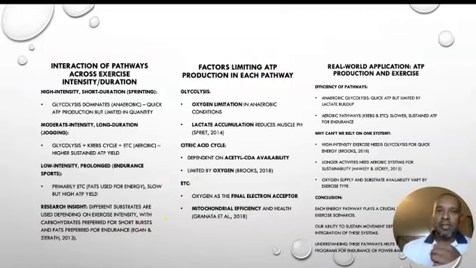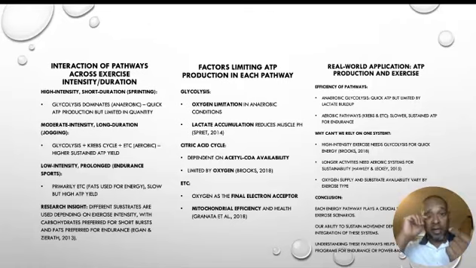So our bodies utilize different energy pathways depending on the intensity and duration of the exercise. During high intensity, short duration activities like sprinting, anaerobic glycolysis takes the lead, providing quick ATP but in limited amounts.